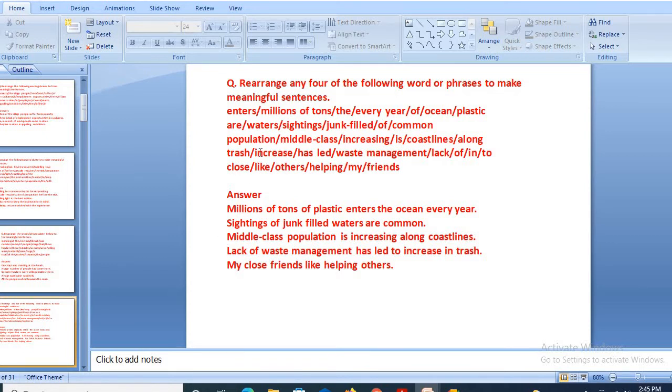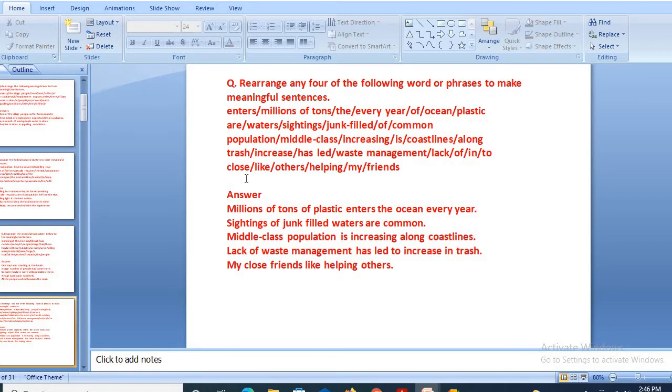We have to start with middle class, because we can't arrange it in whatever way we please, casually. With utmost seriousness we have to arrange it, because ultimately after arranging it we have to see whether it is forming a logical sentence or not, whether we are getting a proper meaning or not. That is something important. See, middle class population is increasing along coastlines.